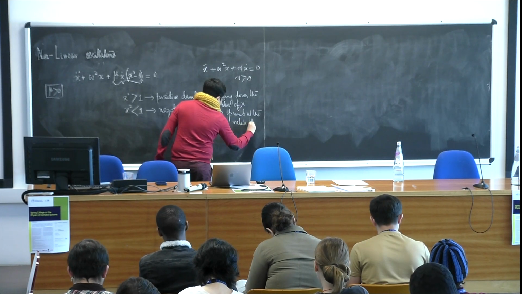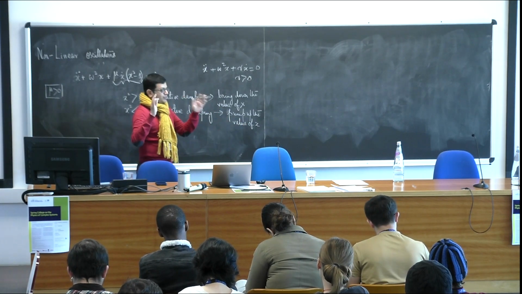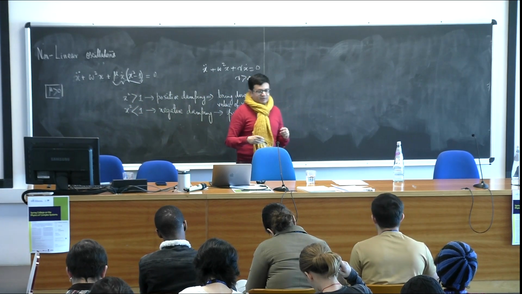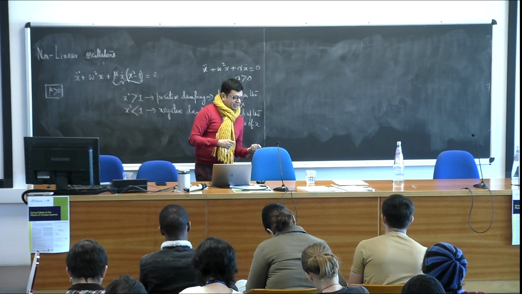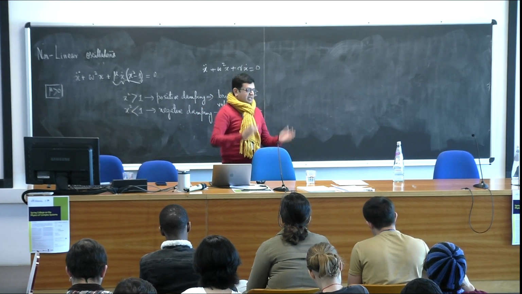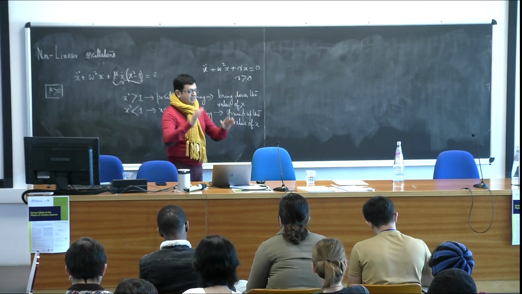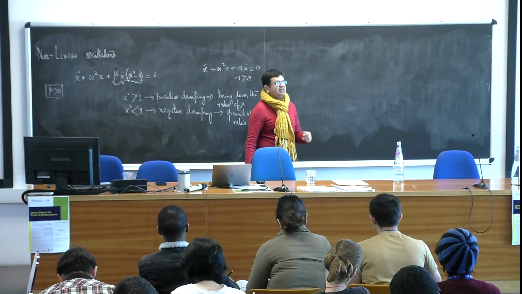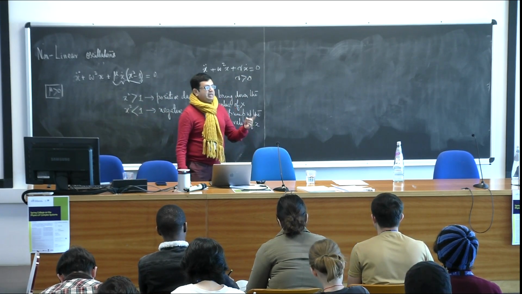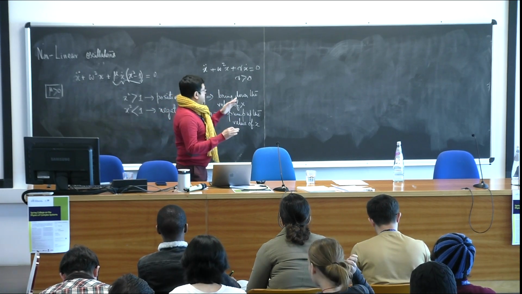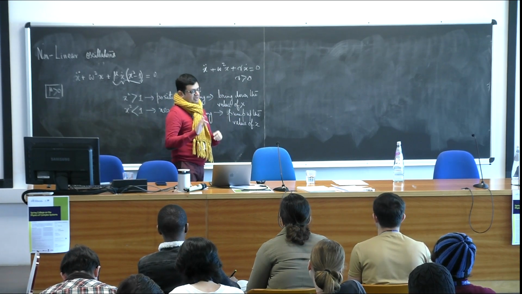So as you can imagine, there are these two effects which are kind of countering each other's influence. One is trying to make the amplitude too small, the other is trying to make the amplitude too large. And so there will be a balance between the two that will be attained in the long time limit, and therefore in the long time limit you may expect to get a value of x which corresponds to a balance between these two countering effects.